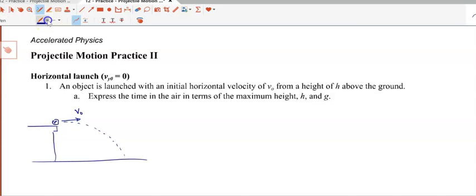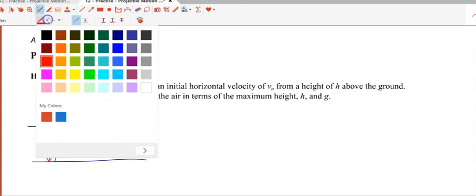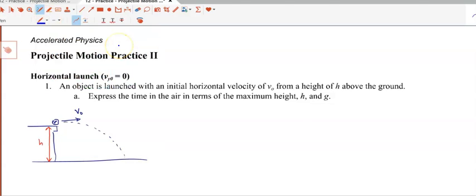I am told that the height of the ball from the ground is h. Okay. So we are trying to solve for an expression of the time in the air, right, in terms of h and g. Okay, so we want to know how long this ball is in the air for, right?